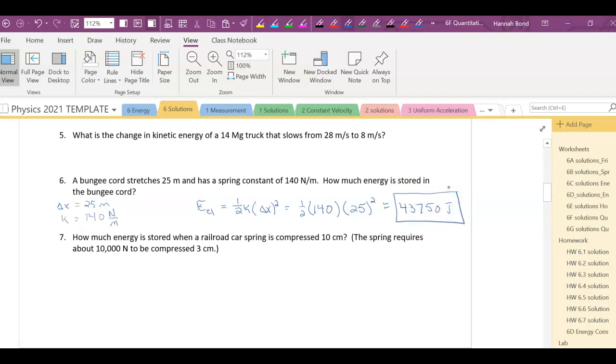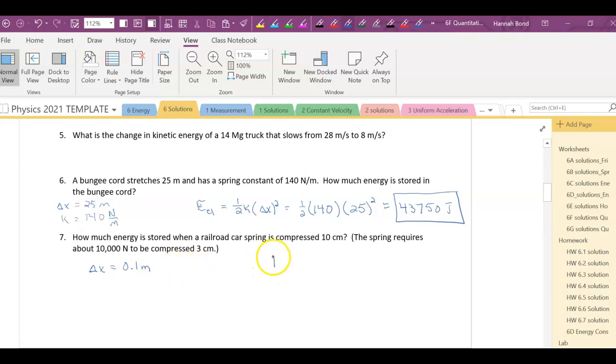Let's do one more of elastic potential energy, number 7 here. It says how much energy is stored when a railroad car spring is compressed 10 centimeters. So the displacement is 10 centimeters, which is 1/10 of a meter. And it says the spring requires 10,000 newtons to be compressed 3 centimeters.